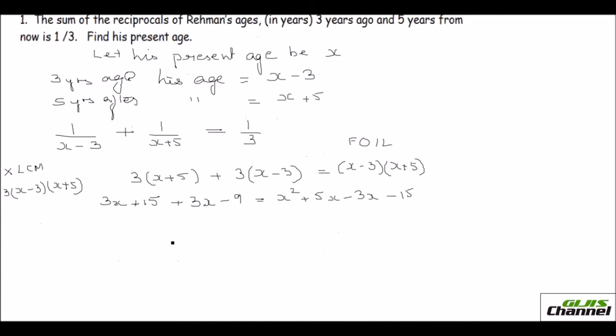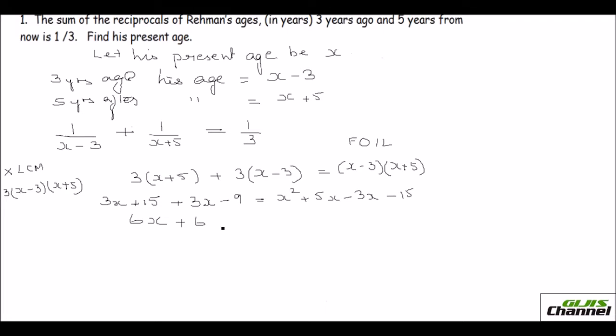Bring everything to one side so that you get a quadratic equation. I'm putting everything on one side and putting the like terms together. On the left, 3x plus 3x is 6x, and 15 minus 9 is plus 6.